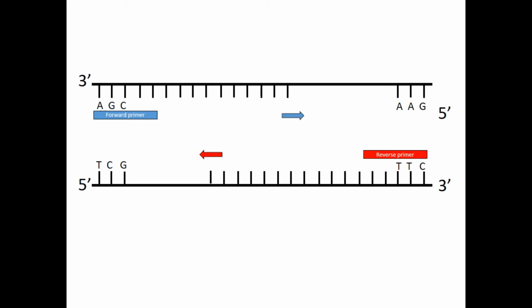But the important thing is that after we finish our PCR, we can get the full length of the 16S rDNA. In my case, for bacteria, the length of the 16S rDNA is approximately 1,600 base pairs.